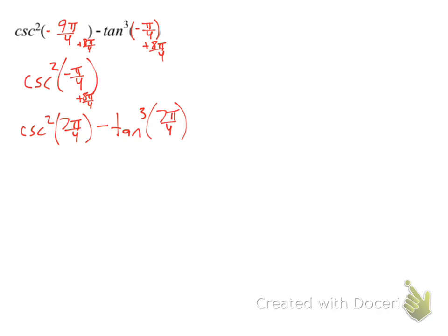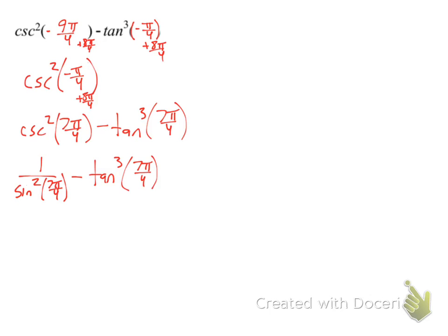Everybody get there? Now we can fix our functions if we need to. Tangent doesn't need to be fixed, but cosecant does, and we said earlier that cosecant is 1 over sine. So this is 1 over the sine squared of 7 pi over 4 minus tangent cubed of 7 pi over 4.